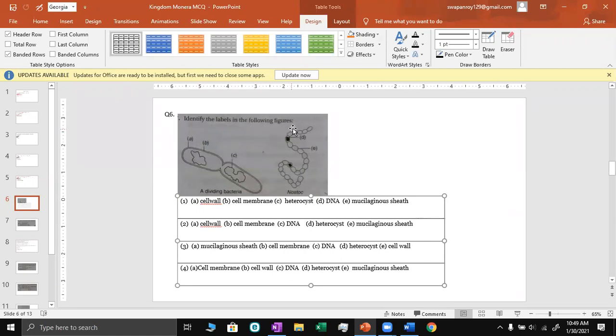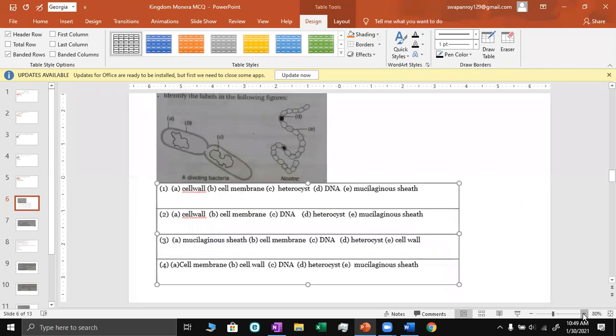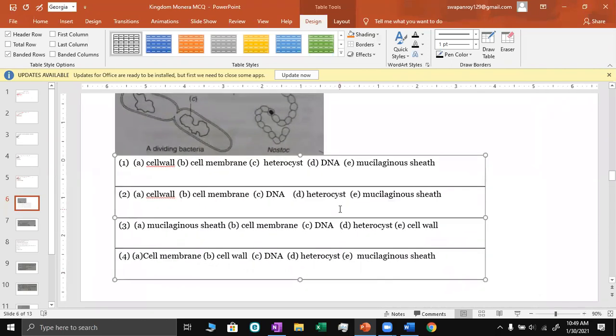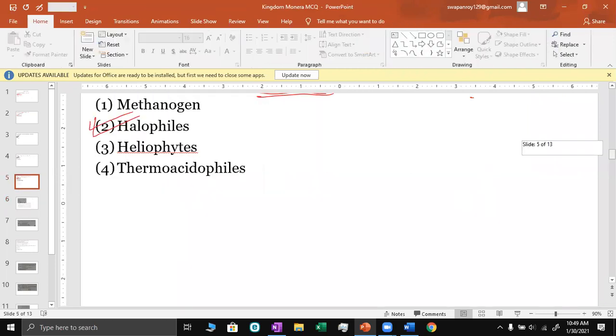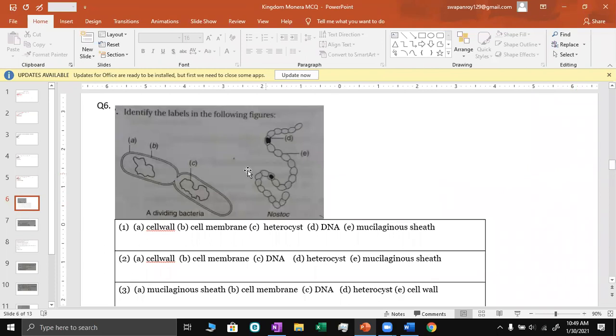Identify the labels A, B, C, D and E in the following figures. The options are: A, cell wall; B, cell membrane; C, heterocyst; D, DNA; and mucilaginous sheath.